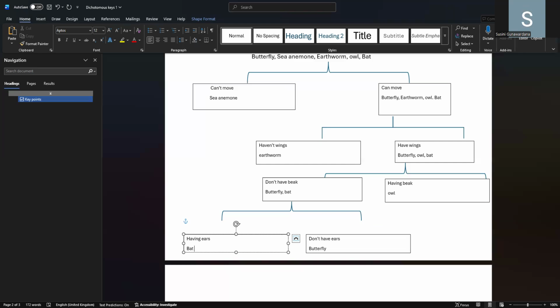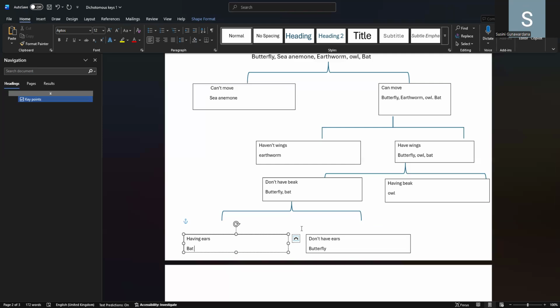So this is the way that we complete our dichotomous key. Take a look at butterfly, sea anemone, earthworm, owl and bat. As the first characteristic I took can move and can't move. After that, having wings, don't have wings.